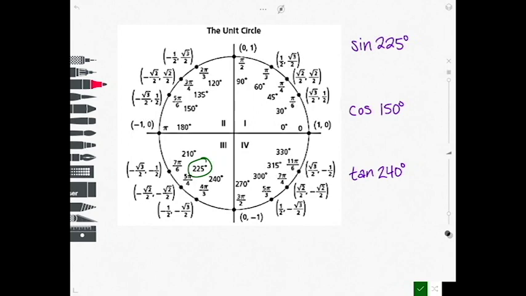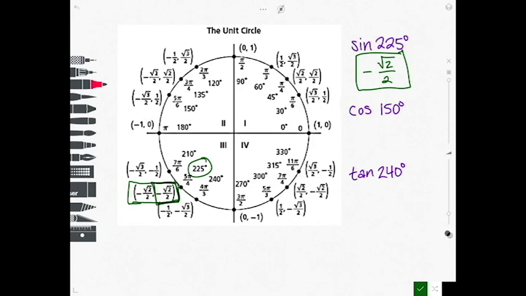The sine, if you remember from the last section, is the y coordinate. The y, the second one here, is negative root 2 over 2. That's my answer: the sine of 225 degrees is negative root 2 over 2.